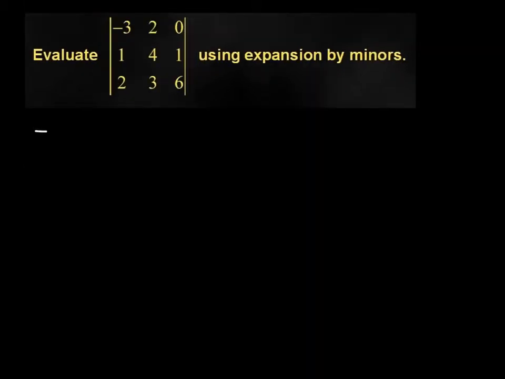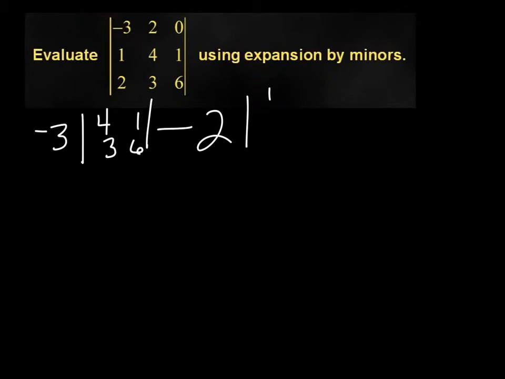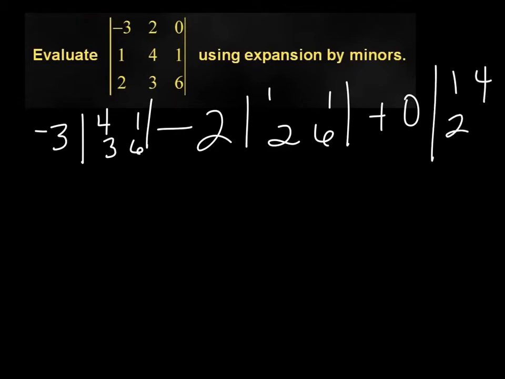Okay, that was one of those. I think we could use another. We need to take negative 3 times its minor, and then minus 2 times its minor, plus 0 times, I really don't care what its minor is, but I'm writing it down for practice anyway, because 0 times anything is going to be 0.